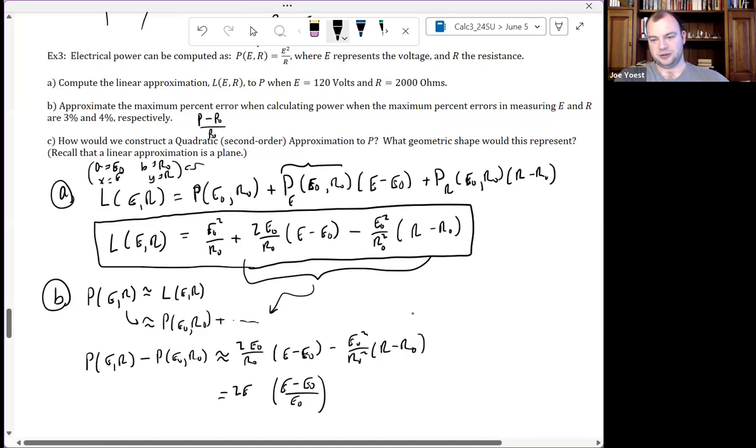So that gives me 2 E naught squared over R naught. And then minus, again, here I want R minus R naught over R naught. But here I kind of stole one off of the bottom. So I have an E naught squared over R naught, not squared on the bottom.